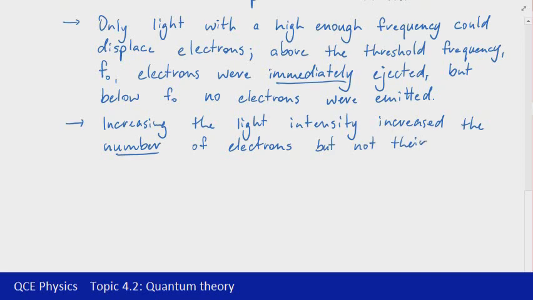So when we're talking about their maximum kinetic energy, we're talking about the fastest that the electrons are being ejected from the surface. But we'll come back to energy because it's a little bit more of an encompassing concept rather than just dealing with speed of the electrons themselves.